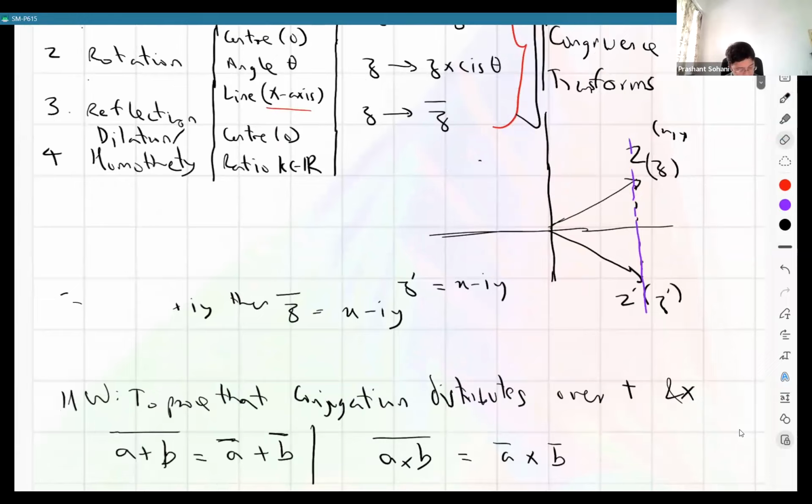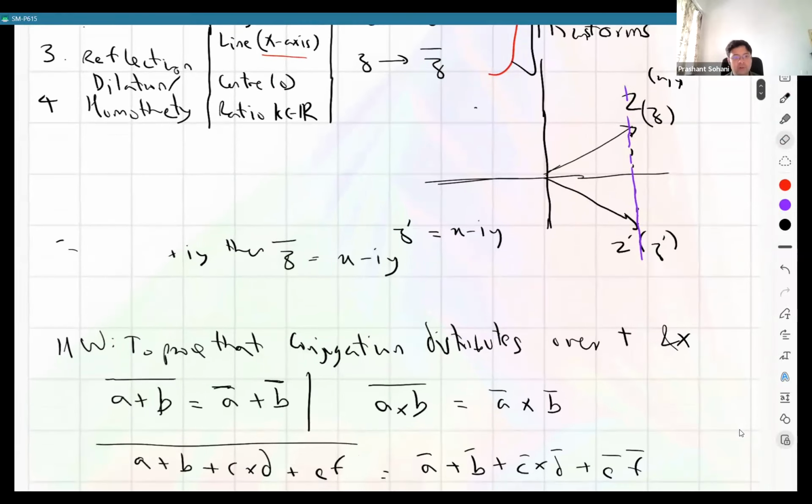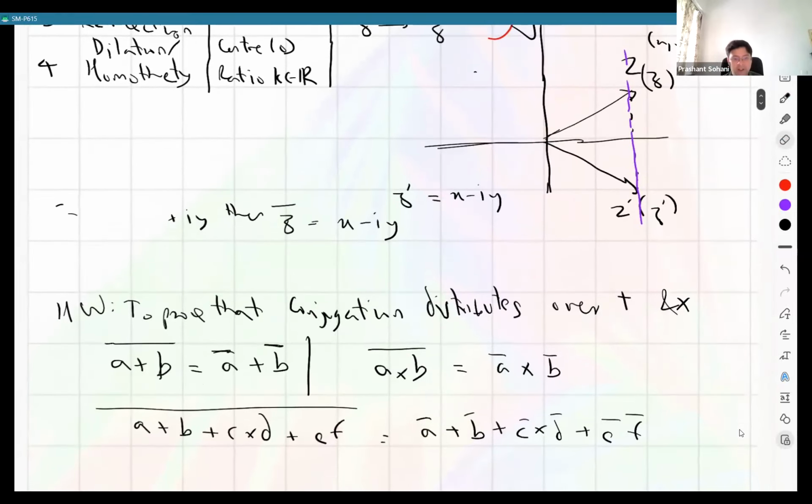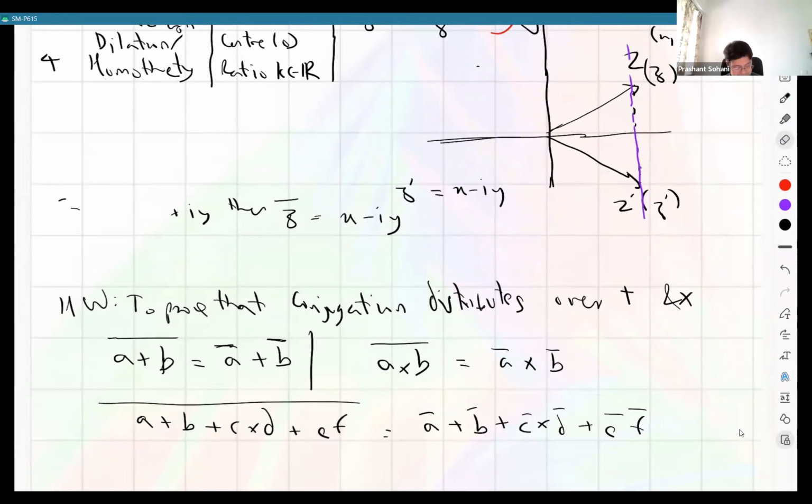I hope this conjugation part is clear, what the definition of conjugation is, and some properties which you can try to prove on your own. There are some more properties of conjugation which are interesting. Maybe if we have time, I'll talk about them. For example, one usefulness of conjugation is that you can get the real part and imaginary part of a number.